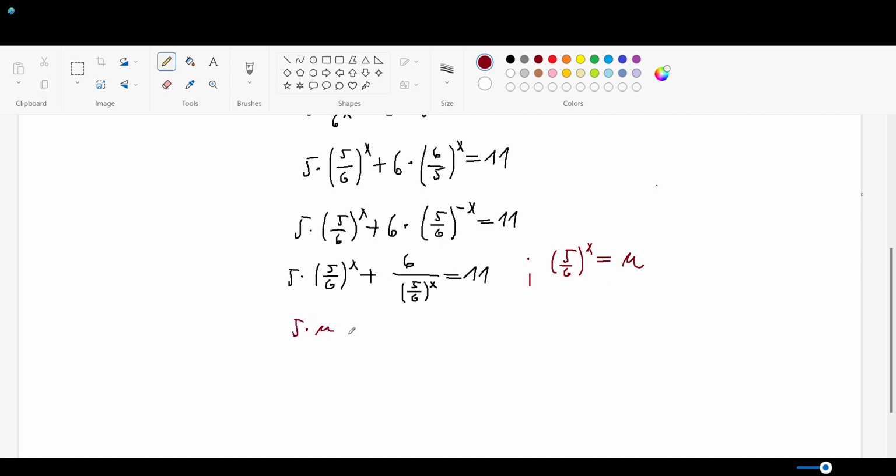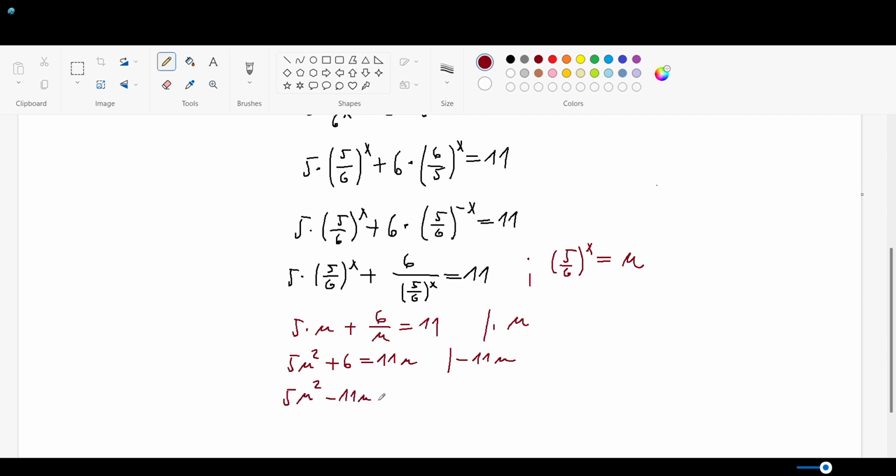So you can probably see now that after this substitution we will get the equation which is going to be like this. And now to solve this equation, you simply multiply both sides by u, and it's going to be a well-known quadratic equation, which you can solve very easily by using any method you prefer, for example factorization or discriminant or quadratic formula if you want to.